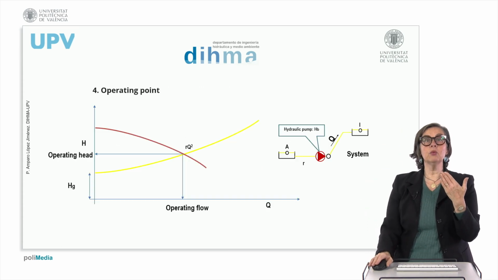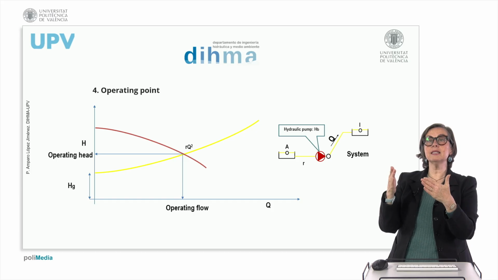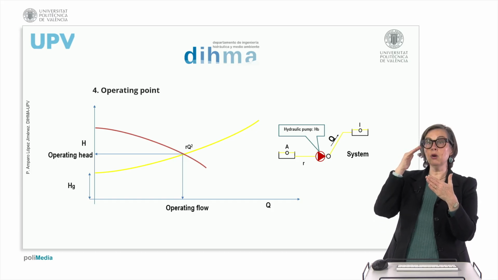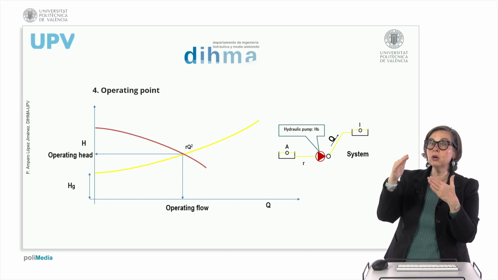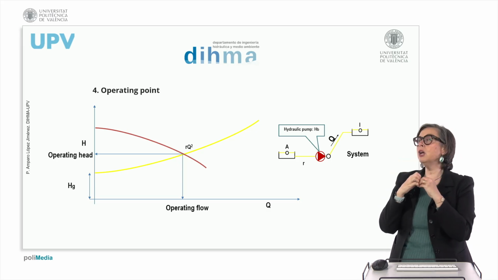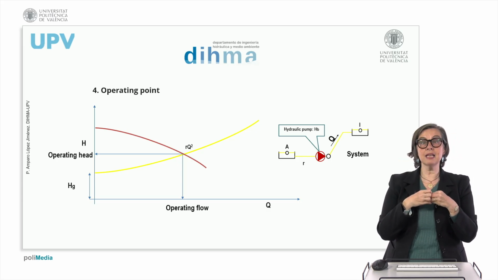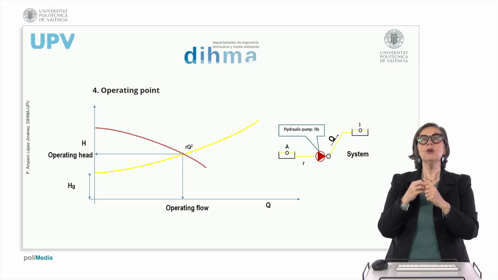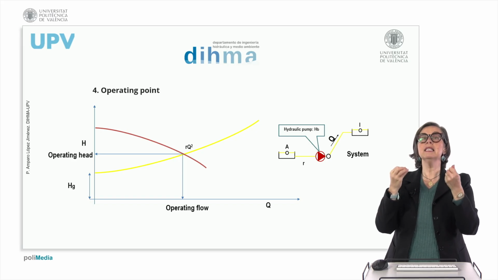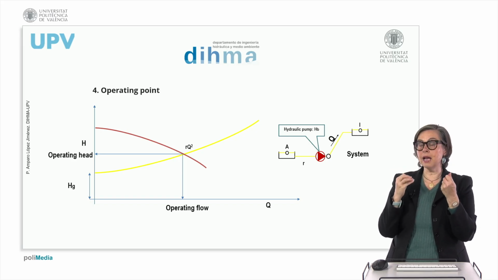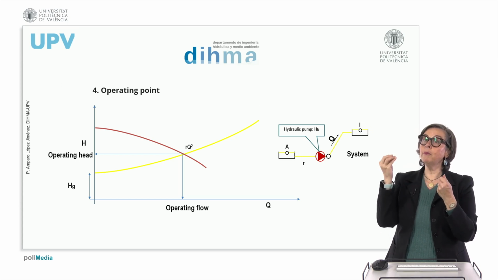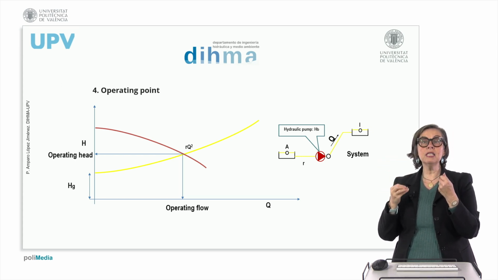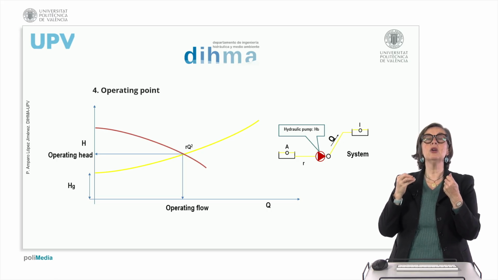So in this case, when we apply this intersection between the curve of the system and the curve of the machine, we have the operating point, which gives us the operating flow and the operating head in this particular system, achieving Bernoulli's law, in which this flow and this head satisfy at the same time the equation of the pump and the equation of the system across the resistance curve.